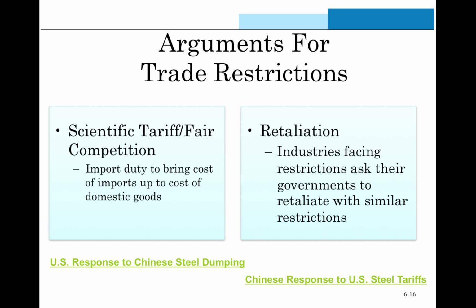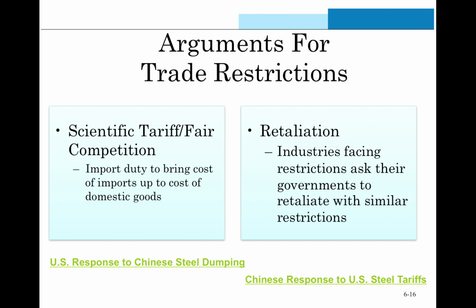And this is what happens in this trade war that occurs after you start taxing and placing tariffs on products. And it's not just the tariff and placing the tariff that caused the problem. It was the initial dumping of low cost product into another market that really initiated the whole trade war.